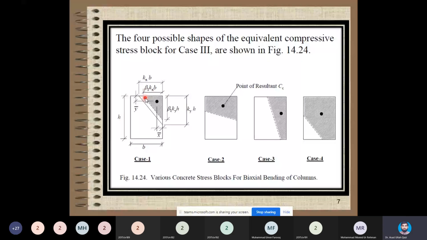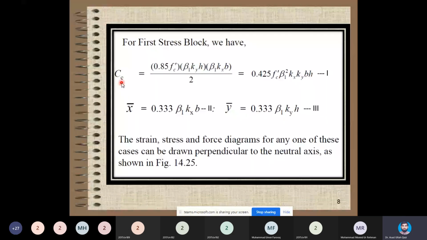Then for this triangle you will calculate CC as 1 over 2 b into h, on which uniform stresses are present, and then locate the centroid, the point of application of that CC. Since it is a triangle, it will be at 1 over 3 from the base and 1 over 3 from the top edge.